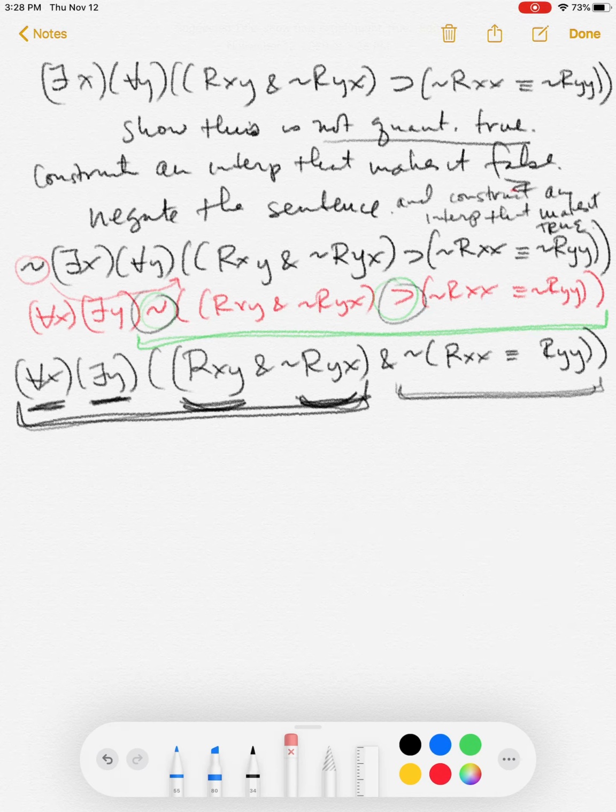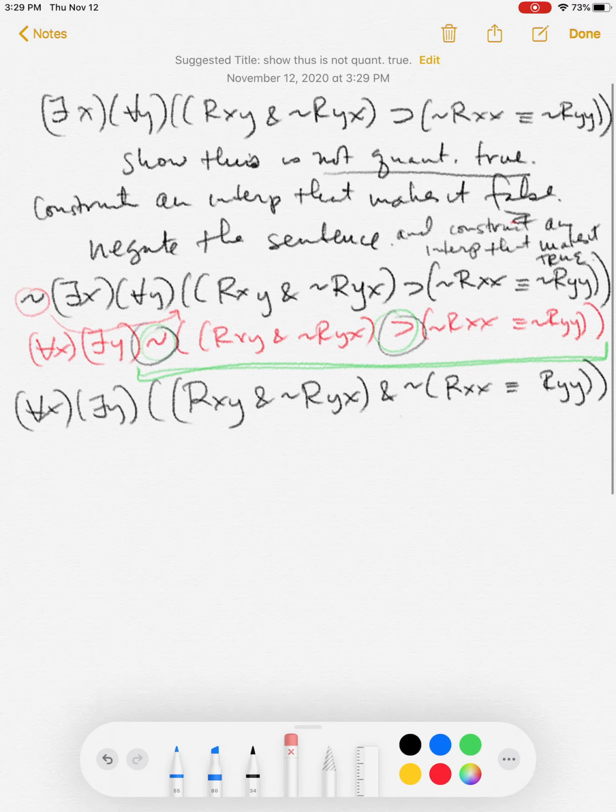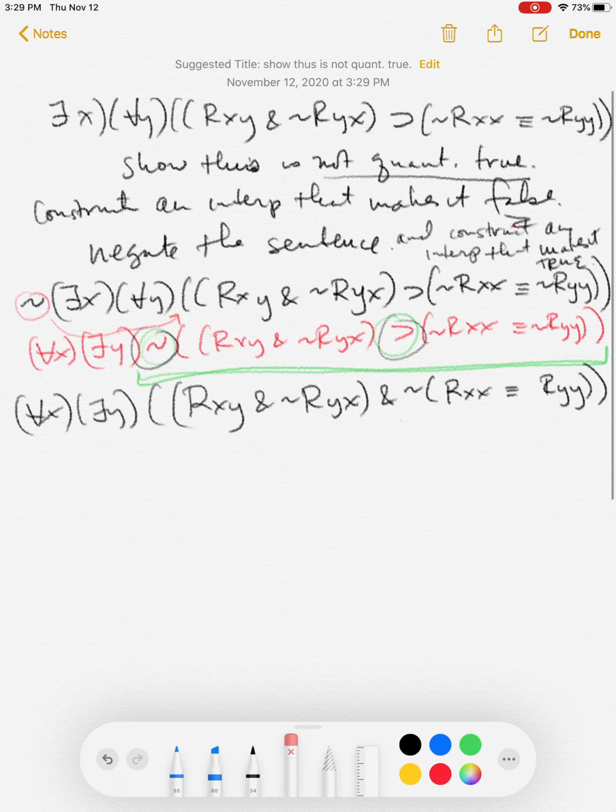Okay, so now we've done a lot of manipulation and we've got it into a form that I think we can parse. But let me just back up and remind us of the big game plan here. We have this sentence, our original sentence. So our original project was to show that this sentence is not quantificationally true.